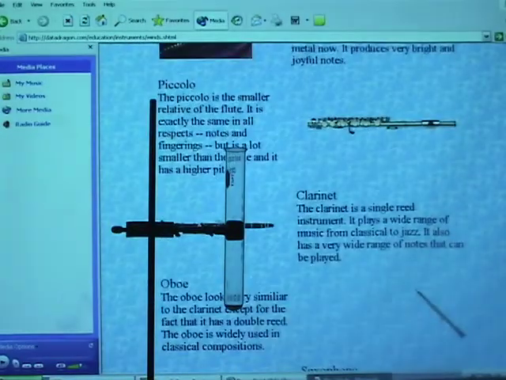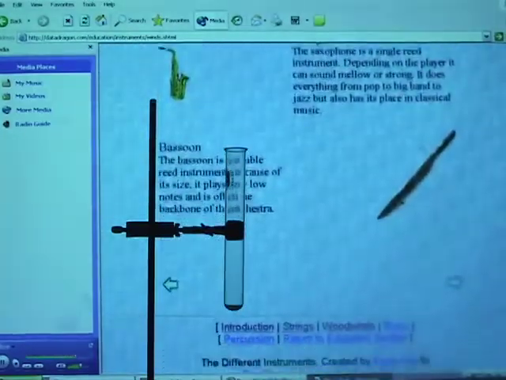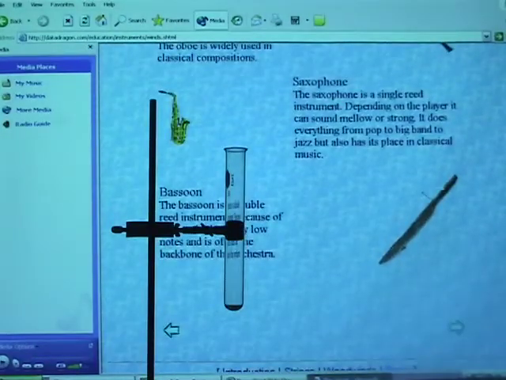How does the clarinet sound? And an oboe? Alright, saxophone. Bill Clinton's instrument, is that right? He used to love it, I think.